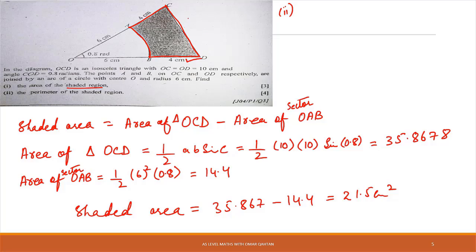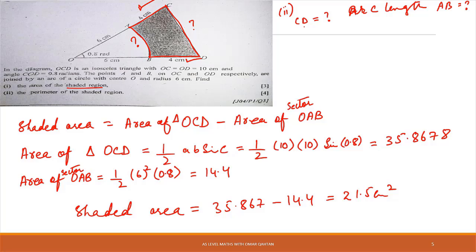We have this side, we have this side, we have to find this side and this side. So first finding the side CD, and we have to find this arc length AB as well.